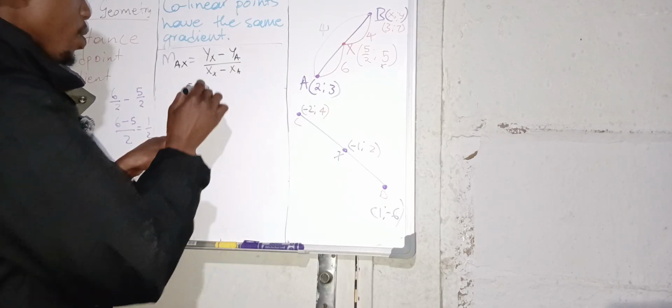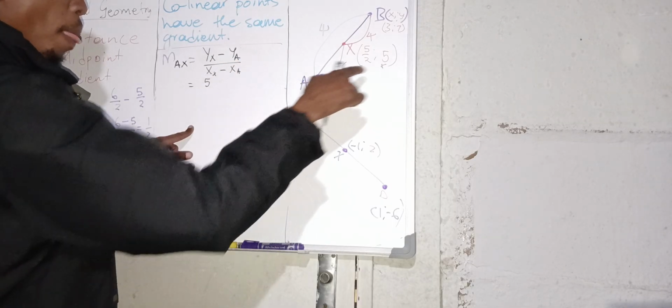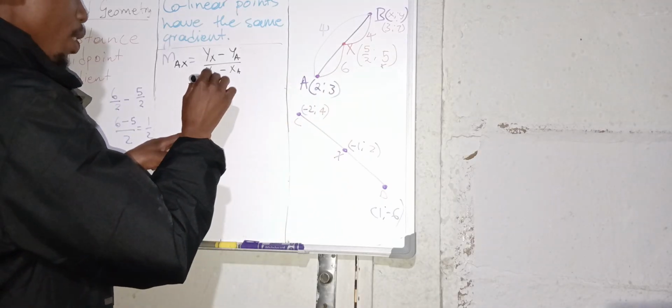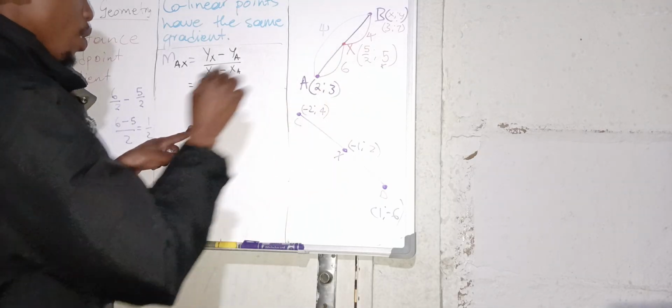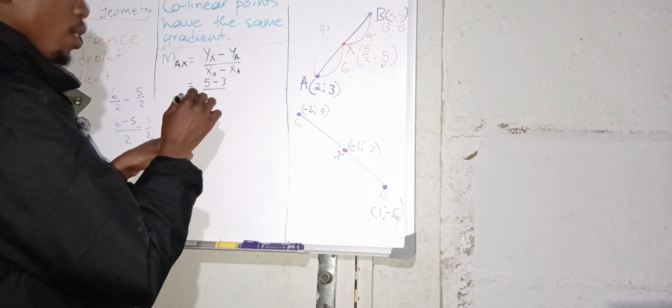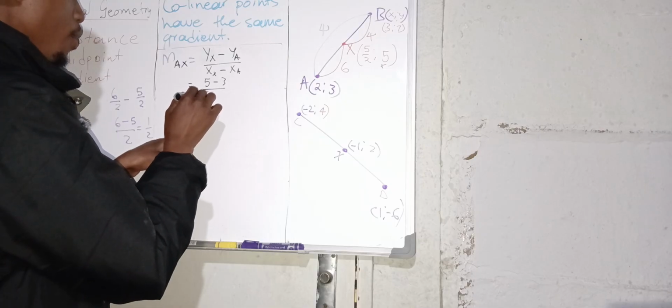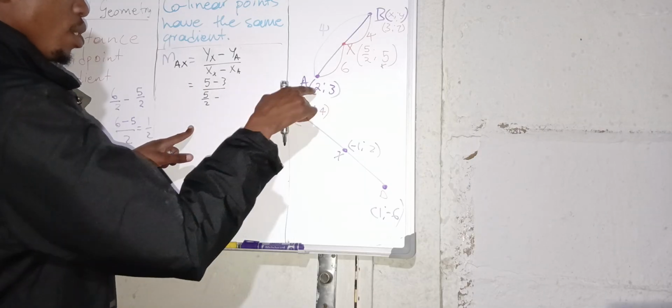So YX is 5. 5 minus 3 all over 5 over 2 minus.